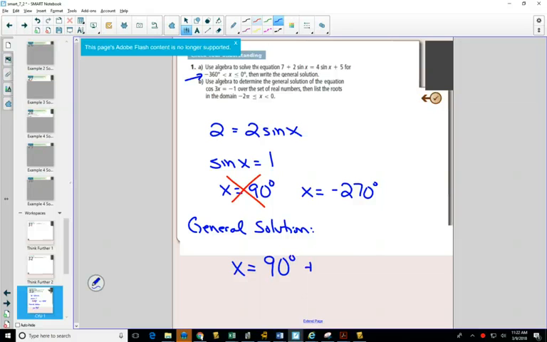Then we add 2k pi in radians, and in degrees the equivalent to 2k pi is 360 degrees times k, where k is an integer.